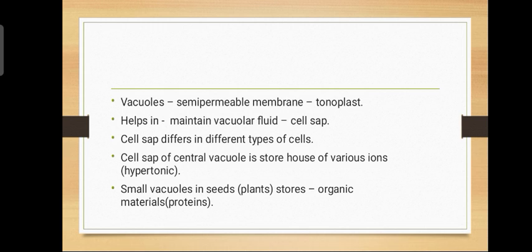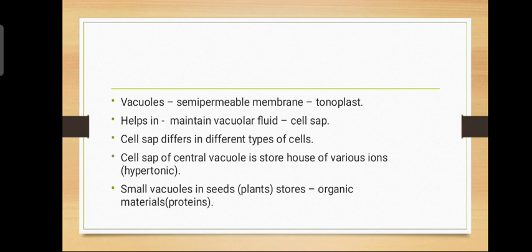Cell sap is different when compared with the cytoplasm. Cytoplasm is present inside the cell and cell sap is present inside the vacuole. The composition of the cell sap differs in different types of cells. The cell sap of the central vacuole acts as a storehouse of various ions, and thus it is hypertonic to the cytoplasm.